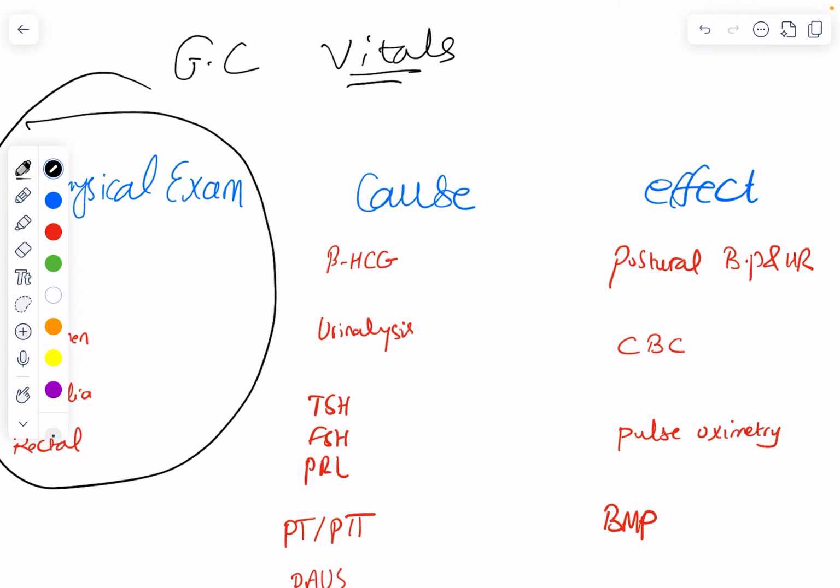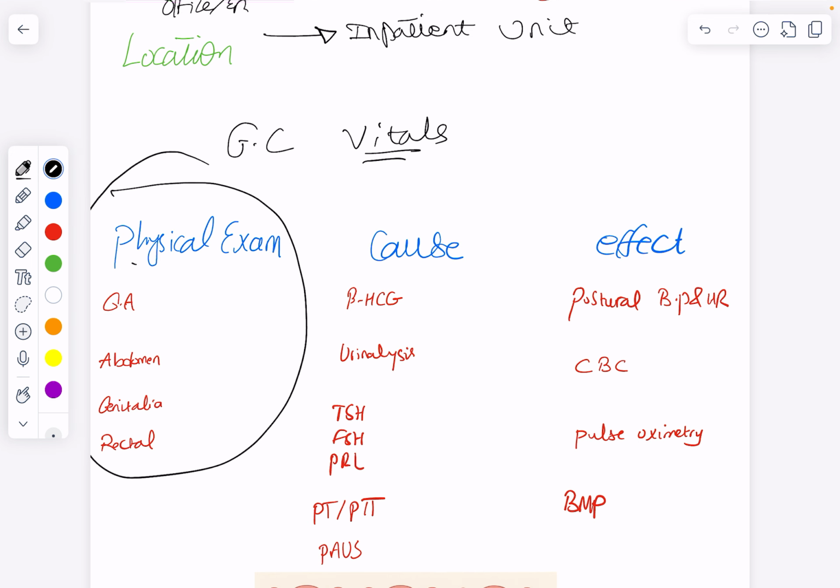So first off, we're going to do a physical exam. General appearance shows you whether the patient is pale, distressed, and her overall mental state. For example, abdomen and genitalia and rectal are the three most important systems you need to examine for a patient coming in with vaginal bleeding, because it would show you if the patient is pregnant or not.